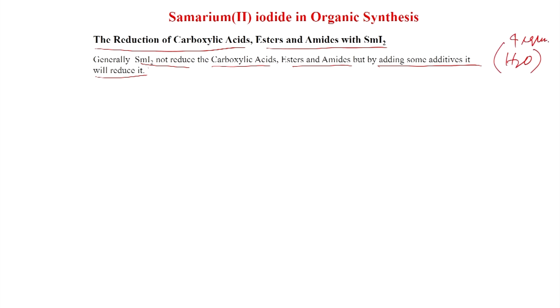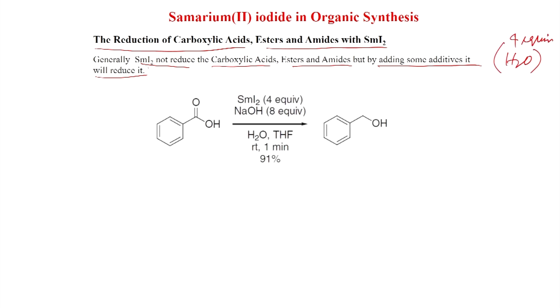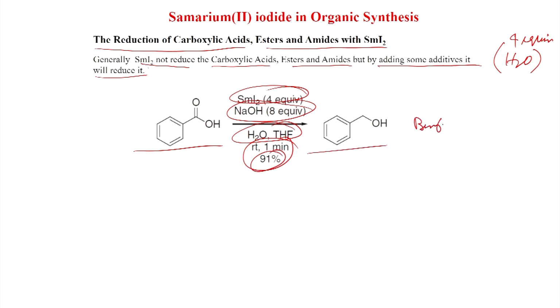Like here benzoic acid, base is also added: samarium iodide 4 equivalent, sodium hydroxide 8 equivalent, H2O-THF solvent mixture, room temperature, 1 minute. So, this is a very fast reaction, you get 91% yield of this benzyl alcohol.